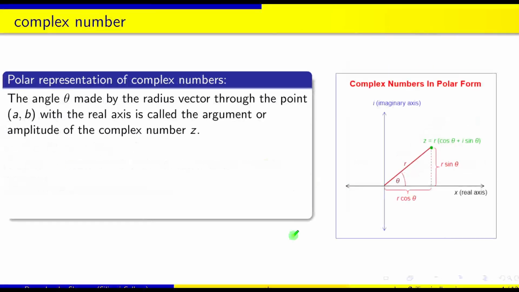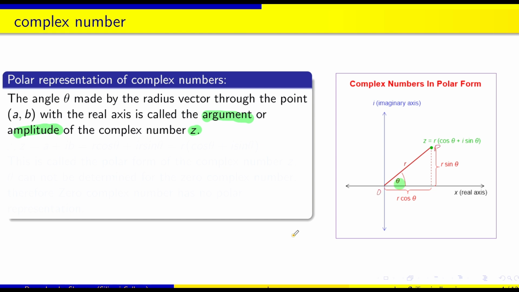The angle theta made by the radius vector through the point (a, b) with the real axis is called the argument or amplitude of the complex number z. So this is the angle theta made by this radius vector from the origin.